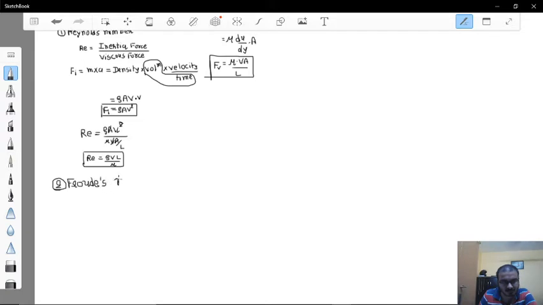Froude's number, which is equal to Fe, that is equal to square root of inertia force to gravity force.